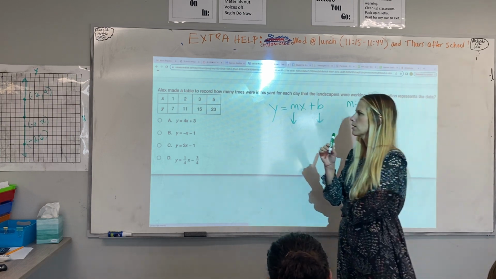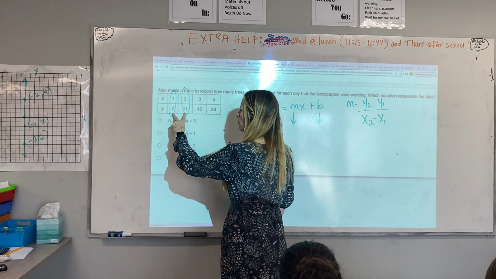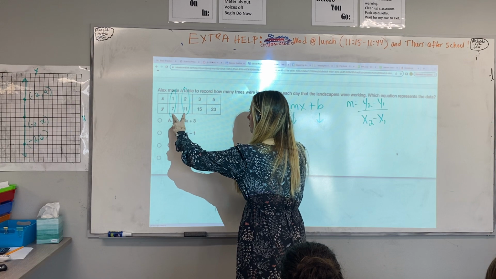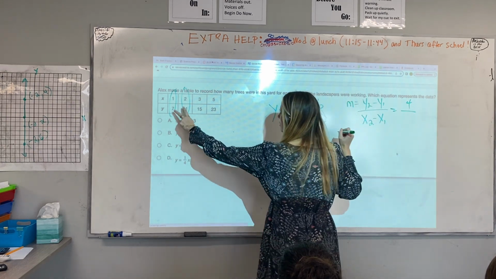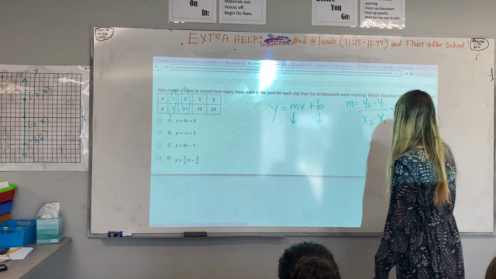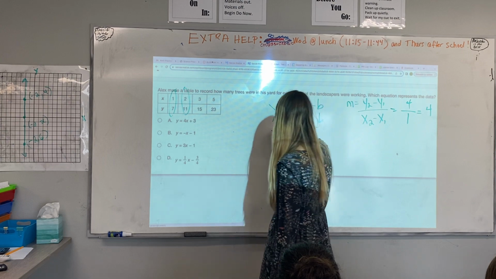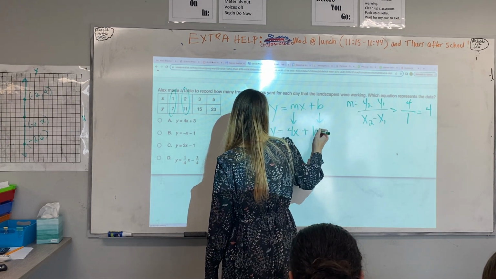So you're just gonna pick 2 points and say, what's the difference of the y values? 4. And what's the difference of our x values? 1. So our slope is 4. So we have y equals 4x plus b.